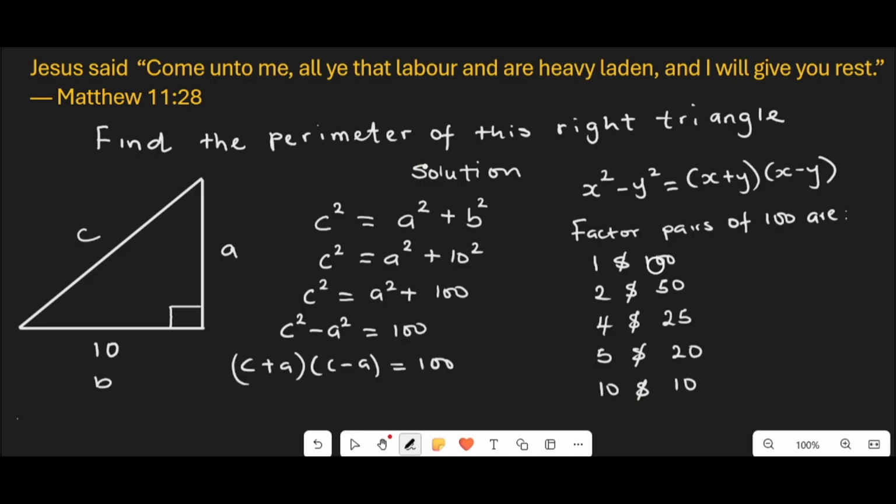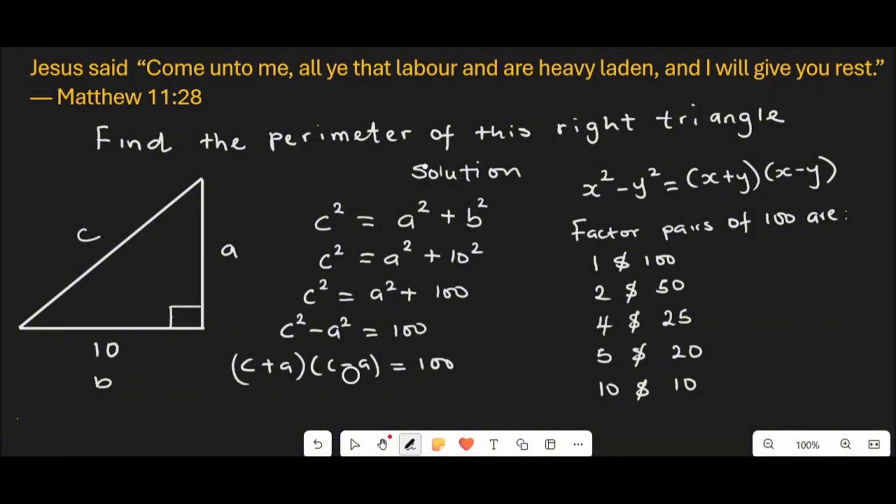Now the only factor pairs that we can use for this equation must be both even or both odd.